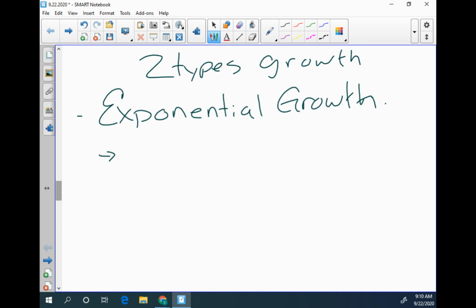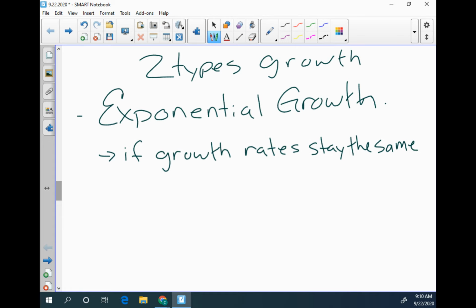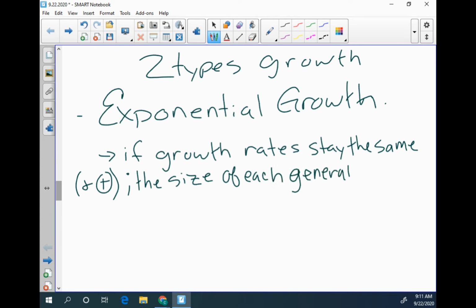If growth rates stay the same and are positive, the size of each generation will be larger than the population before it.